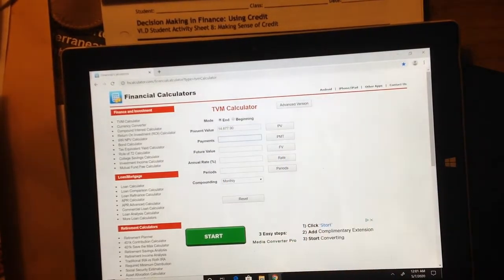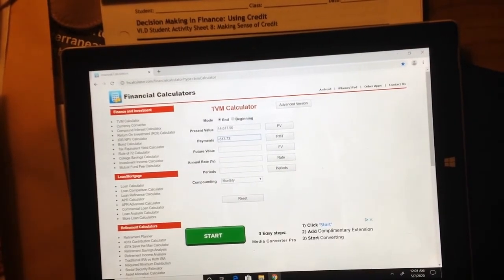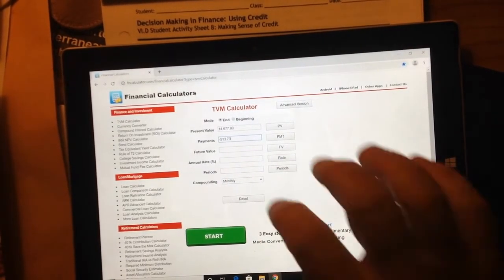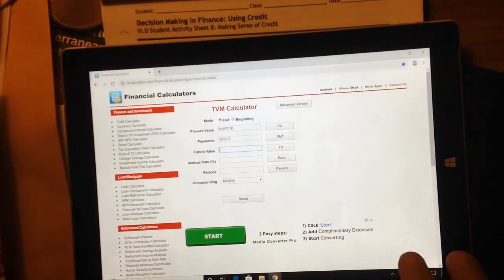All right, she's going to make payments of $513.73. So I'm going to make that a negative amount because it's going to be subtracting off of her balance. She has a balance of almost $15,000, but every month she's going to pay off $513.73. In the future, we want her to pay this off entirely. So the future value is 0.